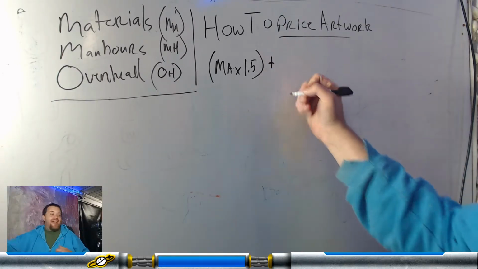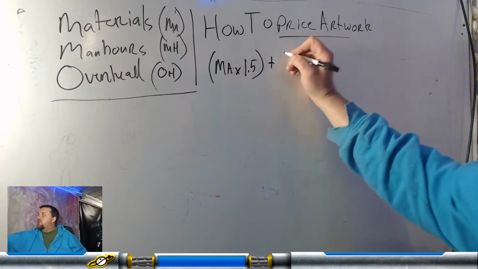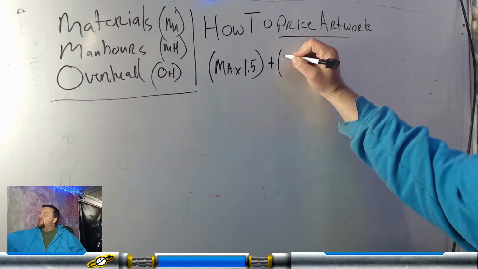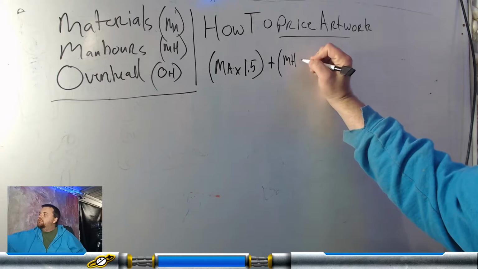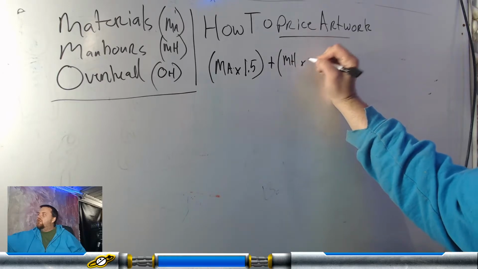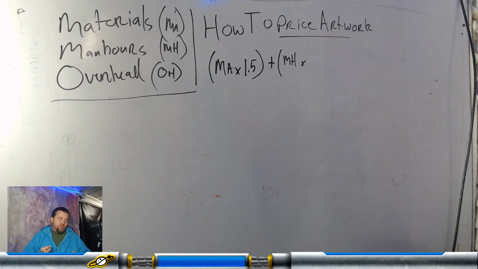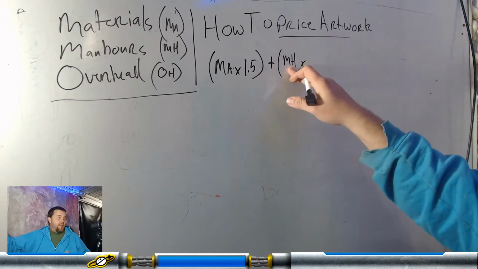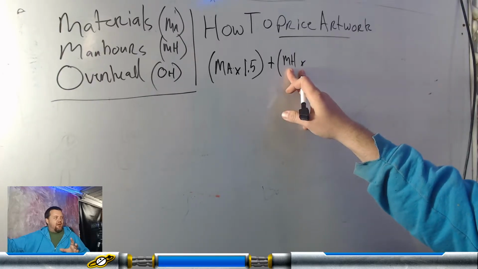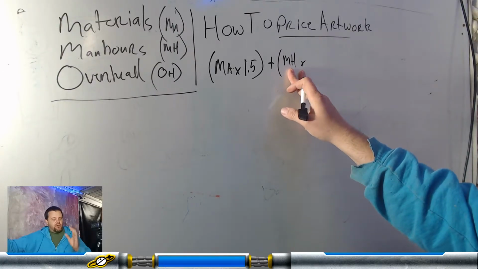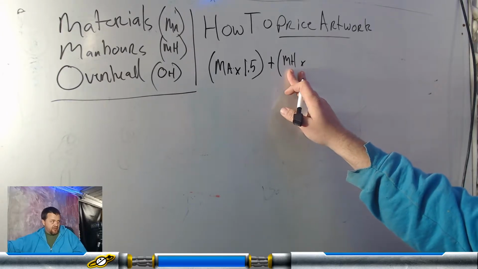Now you add that to your man hours. Now you want to apply a margin to this, and I stress this more than anything else. Your man hours is easy enough to account for. You start the day at 8 o'clock, you end the day at 6 o'clock.